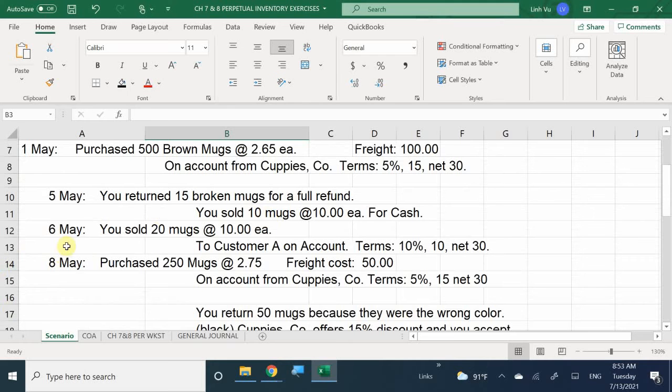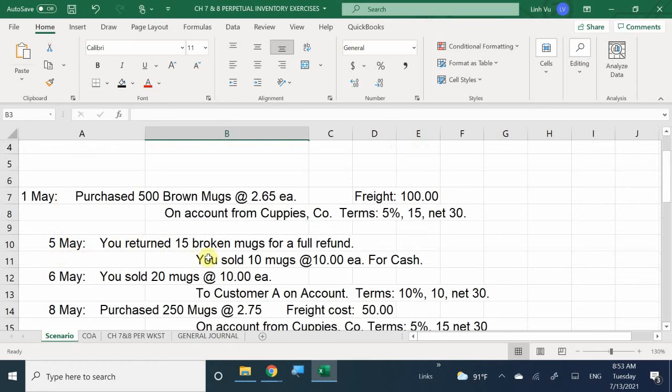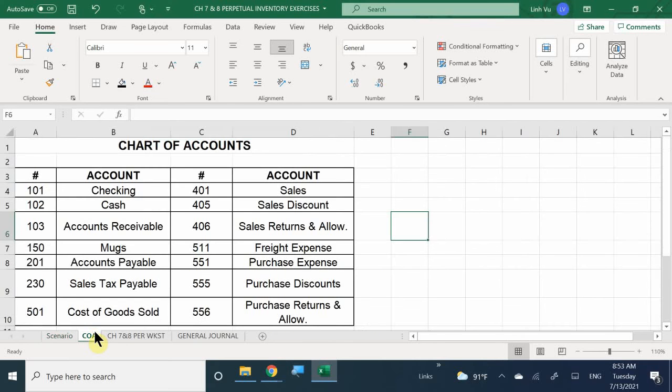So on the same day, May 5th, we end up selling 10 mugs at $10 each for cash. If I sold 10 mugs at $10 each for cash, let's take a look at our chart of accounts.